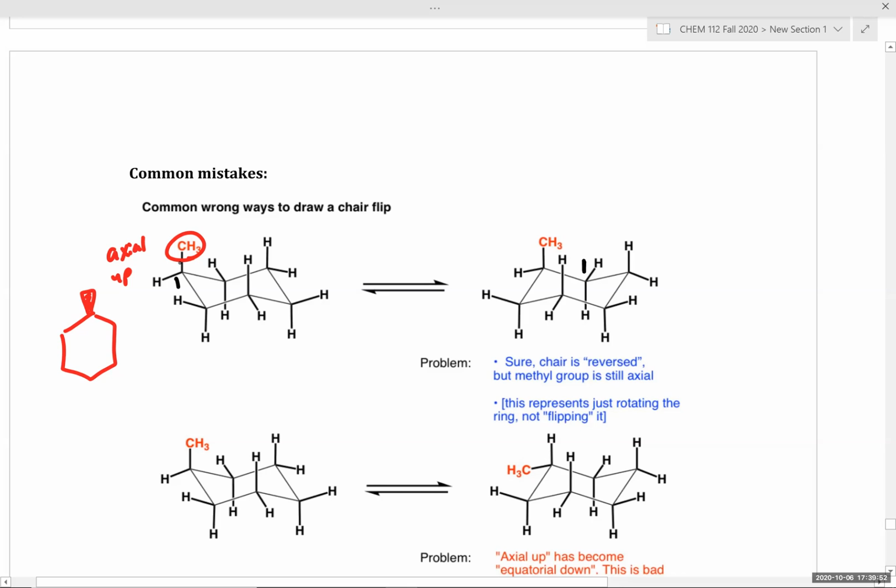So the main issue with this common mistake is that after a ring flip, our methyl is still axial.